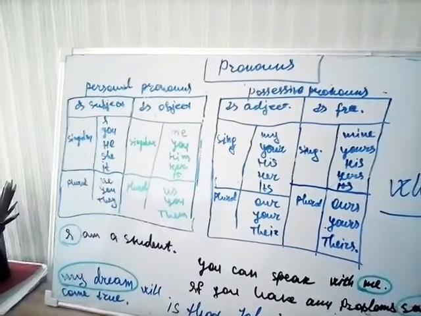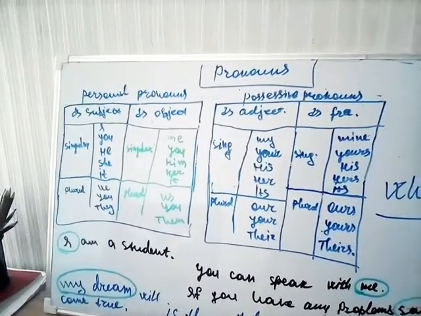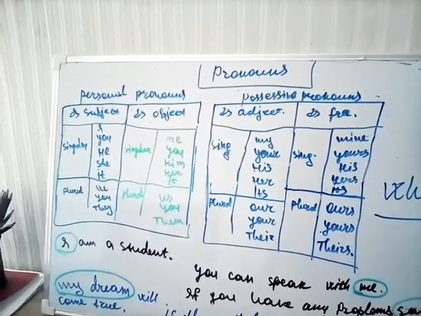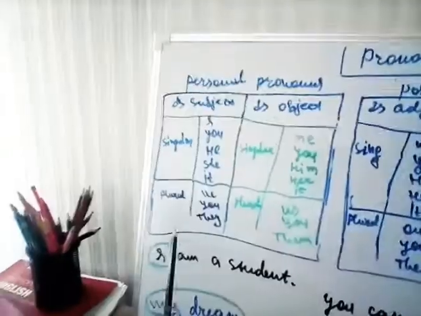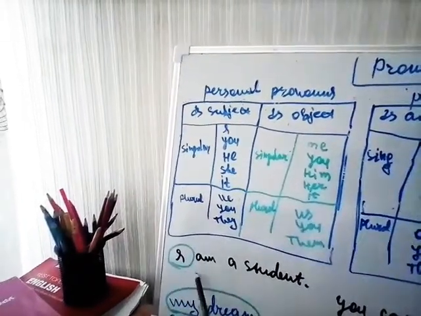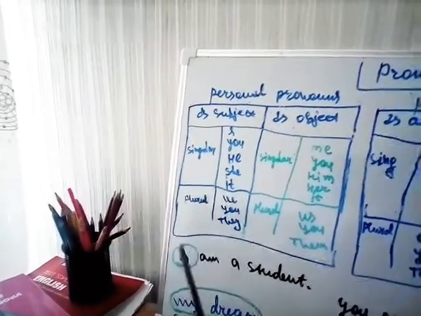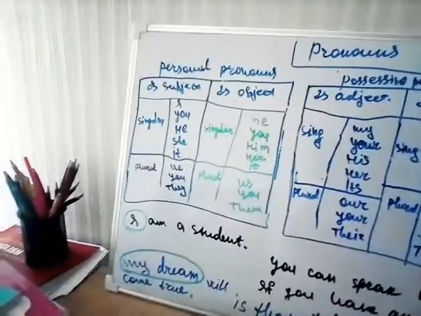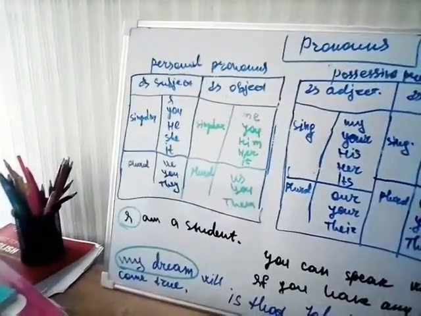For example, I am a student. The sentence begins with them. I is a subject pronoun, and am is a verb to be. All these pronouns are completed with verbs.